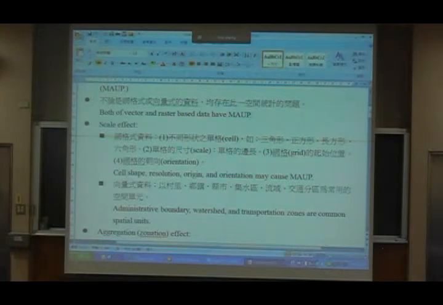Or the rotation: actually there is no regulation saying you must put the north upward, right? You can put north in any direction. And if you rotate the grid, you probably get a different answer.